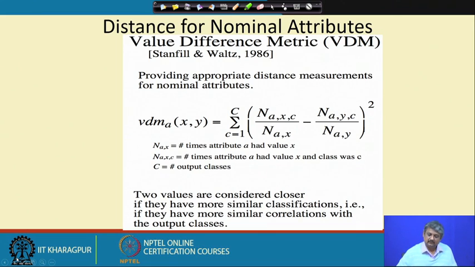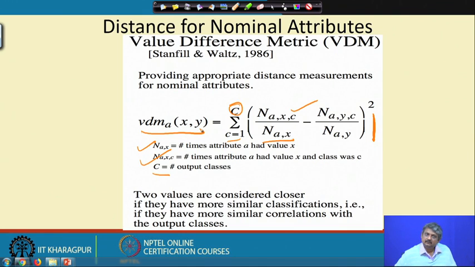So, you just look at the definition I have defined, and C is the number of output classes.